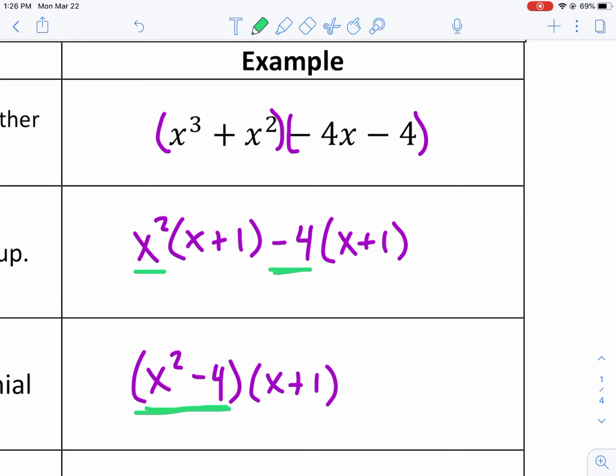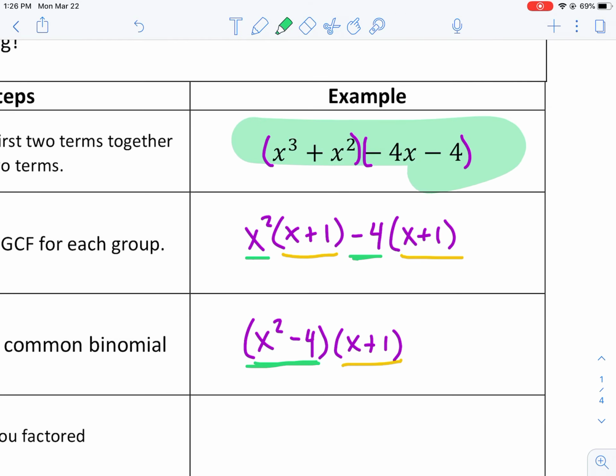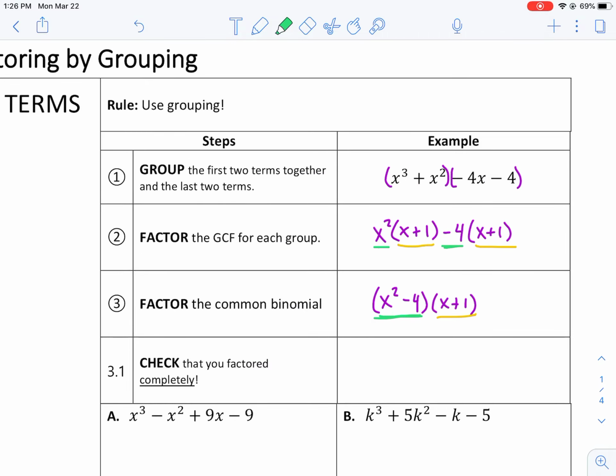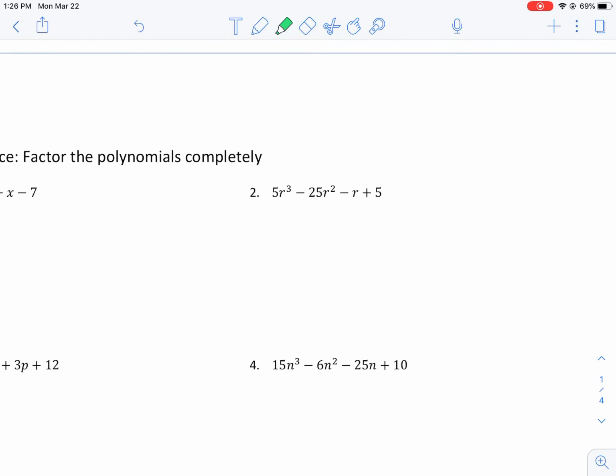So whatever things you pulled out in front, they come together to make your first parentheses. And then our second parentheses was just those 2 parentheses from above that were the same, all right? So this polynomial up here factors down to x squared minus 4 times x plus 1. And that's what you would do for each of these.